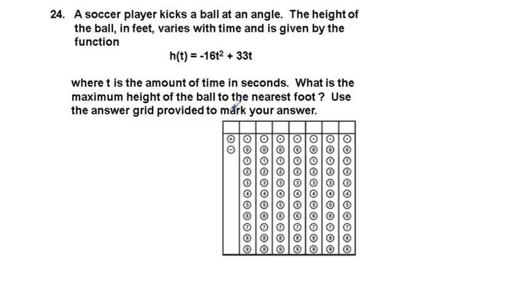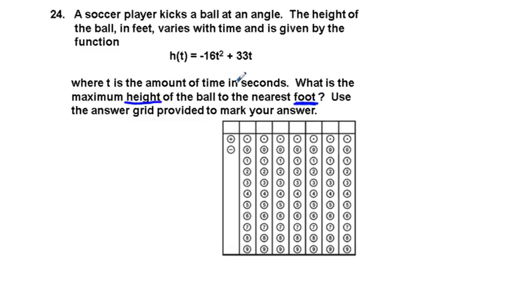The height, the maximum height, or maybe the amount of time that it took the ball to reach maximum height. Or even perhaps how much time it took the ball to hit the ground after being kicked up in the air. In this case, we're going to be looking at the nearest foot, maximum height.